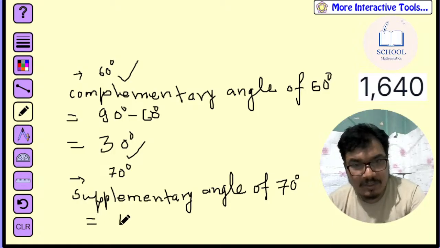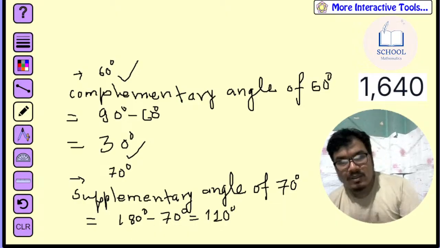When you find the supplement, we have to subtract that angle from 180 degrees, right? 180 degrees minus 70 degrees, then our answer will be 110 degrees.